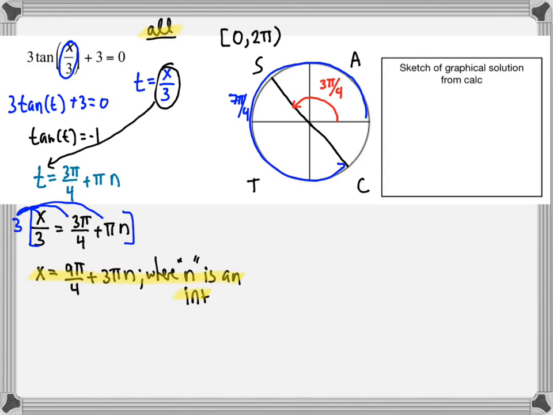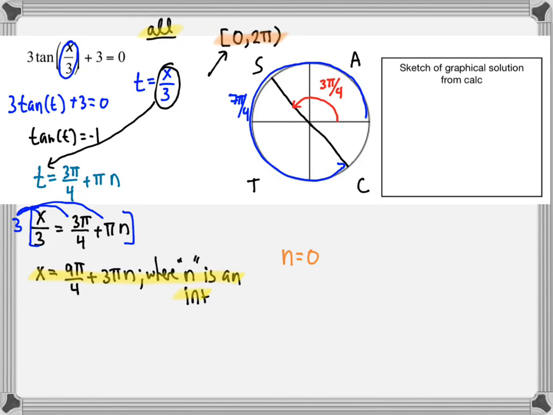Now, to go on to the part over 0 to 2 pi, what we can do is test values of n and see which ones are going to be included. Let's start off simple. n equals 0 is a safe one.